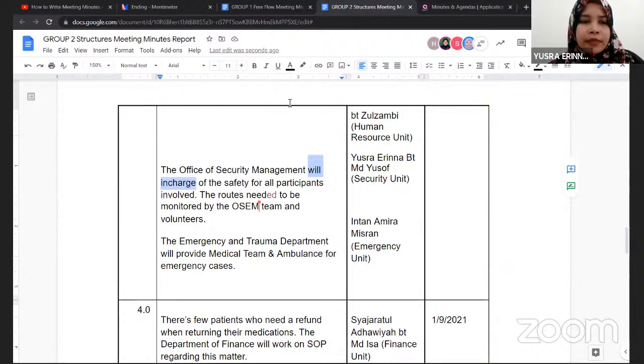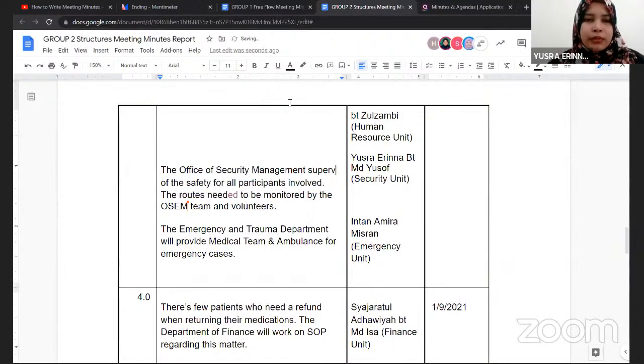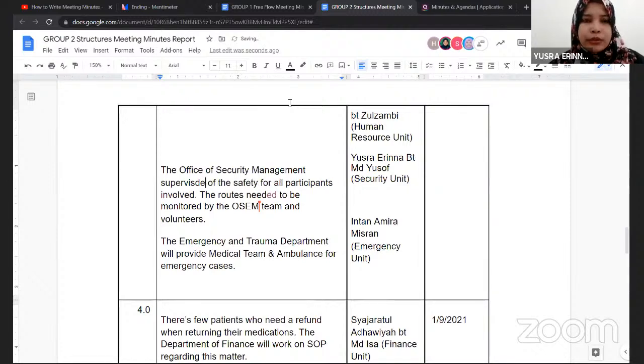Okay, supervised. Supervised the safety. Okay, you need to make it into this color. Okay, the safety for all participants involved. Okay, the routes needed to be monitored by awesome team and volunteers.